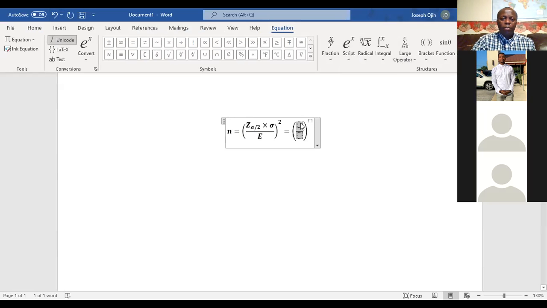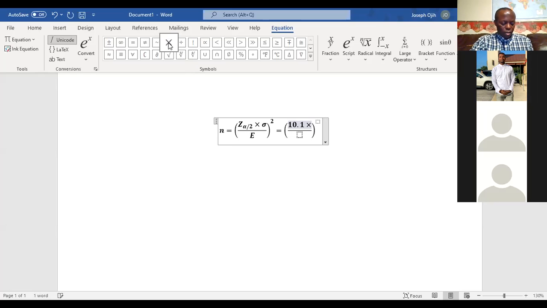So we have standard deviation of 10.1 times 2.33, divided by error of 2, squared, equals. So we're going to plug this in the calculator.